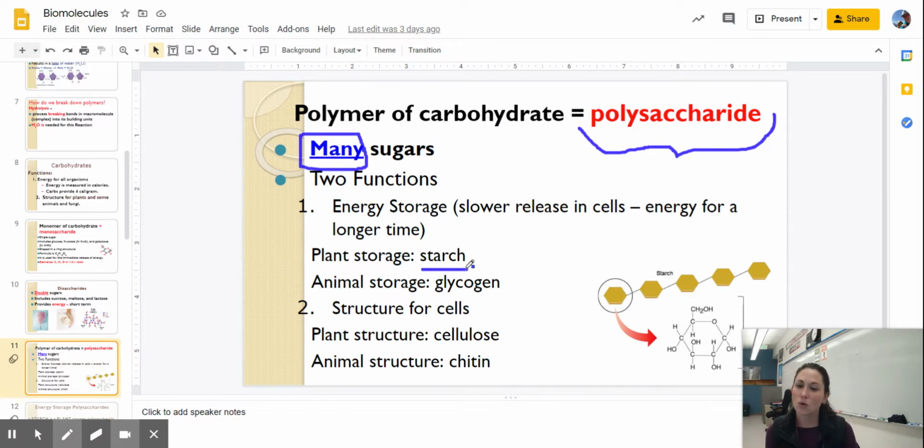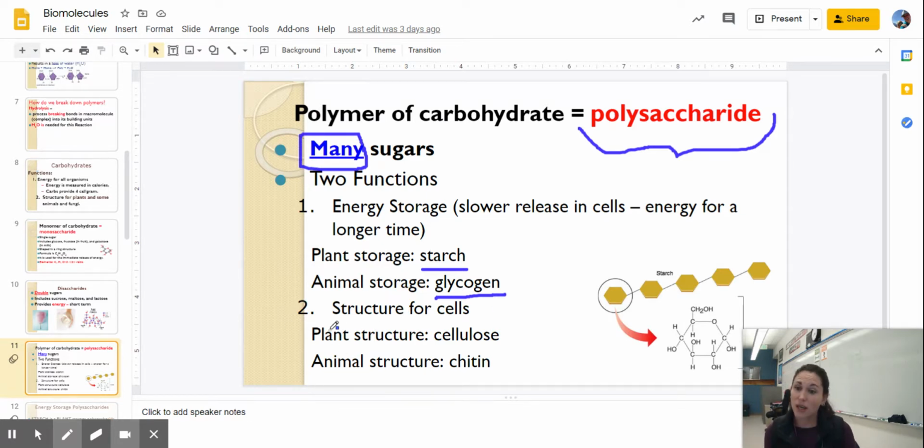In plants, we store these carbohydrates as starch. That's what you eat when you eat a potato or a yam. In animals, we store that extra carbohydrate as glycogen. And we store that so that we can keep enough sugar in our bloodstream. And sometimes we'll break those carbohydrates back down, or sometimes we'll store extra carbohydrate that way.